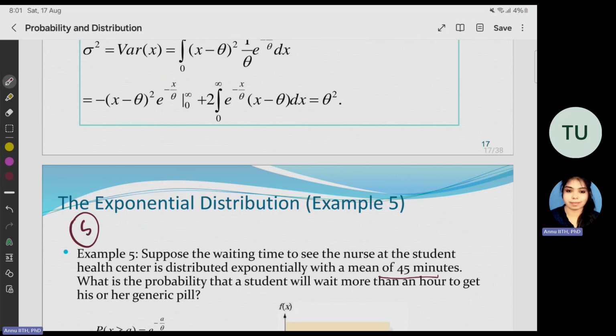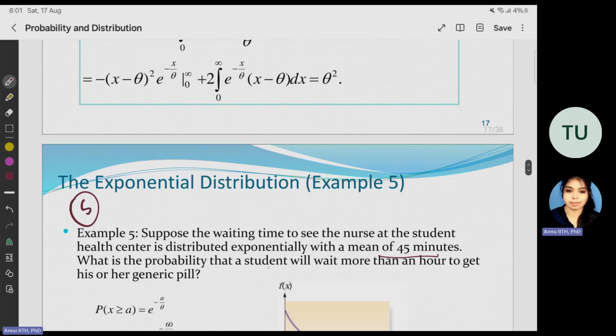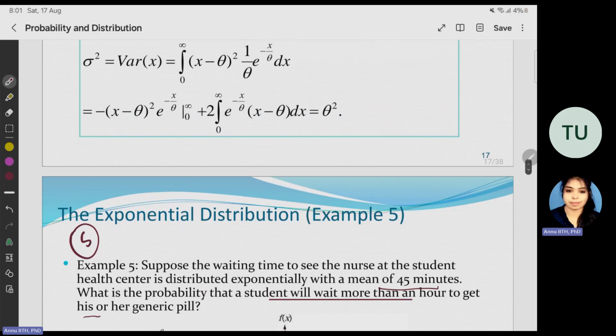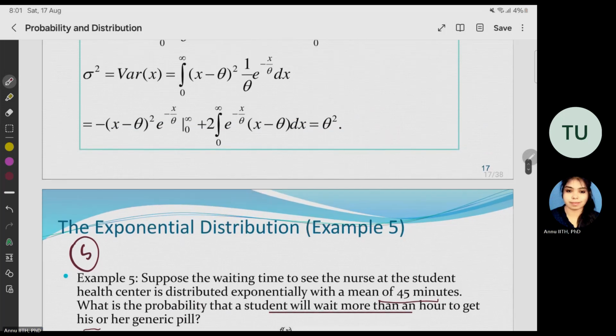What is the probability that a student will wait more than an hour to get his or her generic pill? So how do we approach this problem? Give it a try. Think about it.